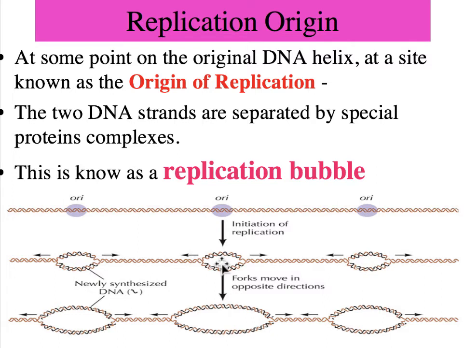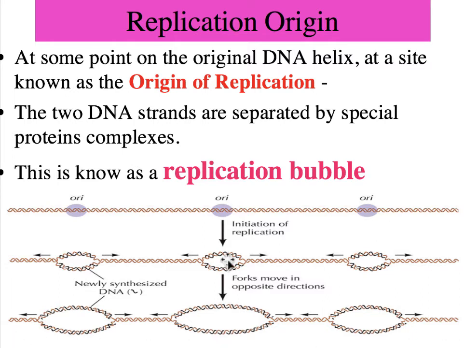And it is within these bubbles that DNA synthesis takes place using the semi-conservative mode of DNA replication. The bubbles then increase in size, growing towards each other until they merge, and the result is 2 identical chromosomes, each with 1 original strand of DNA in brown, and each with 1 new strand of DNA in black.